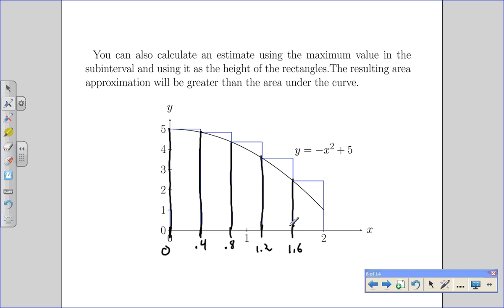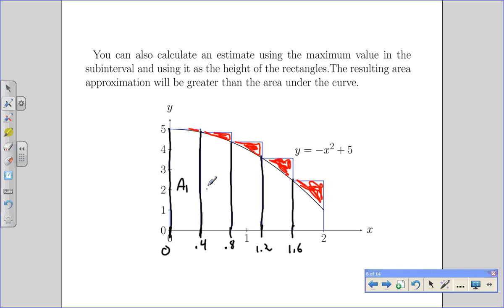And now, when I calculate this, I'm going to have a little bit of extra area. This is going to be an overestimate, over by these little or big triangles in red.